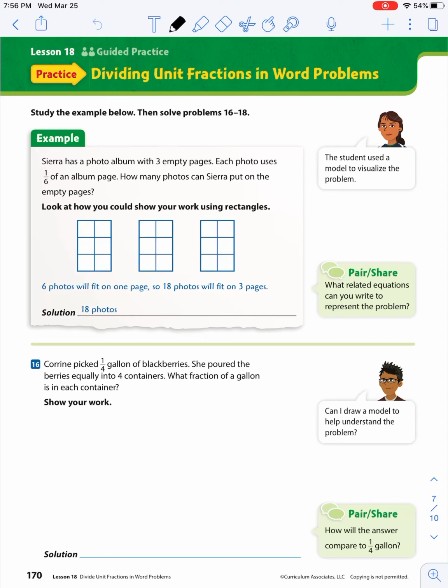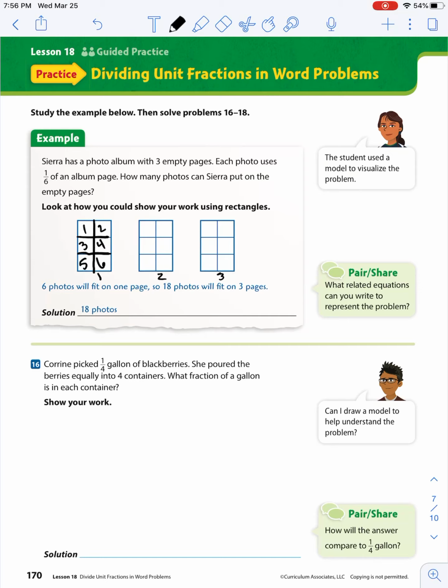Starting with just going over the example. Sierra has a photo album with 3 empty pages. So I see page 1, page 2, and page 3 there. Each photo uses 1/6 of an album page. So they divided that blank photo page up into 6, so you can see that you could fit one photo here, another here, and so on.